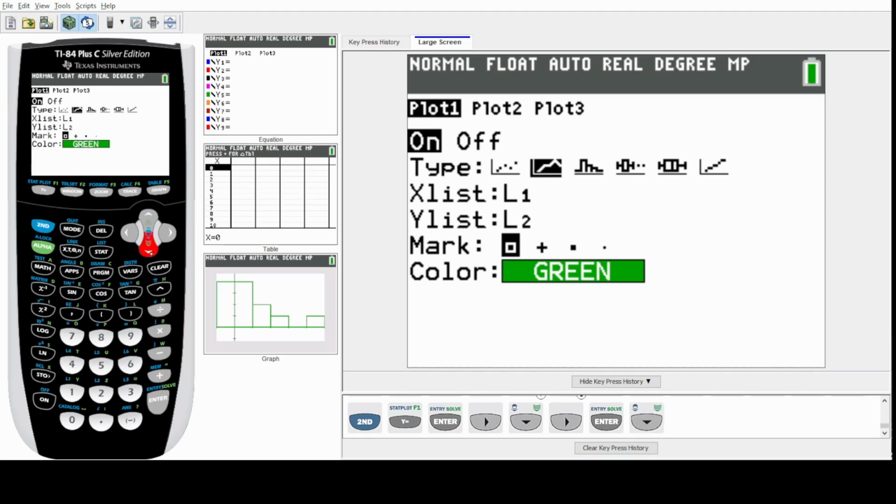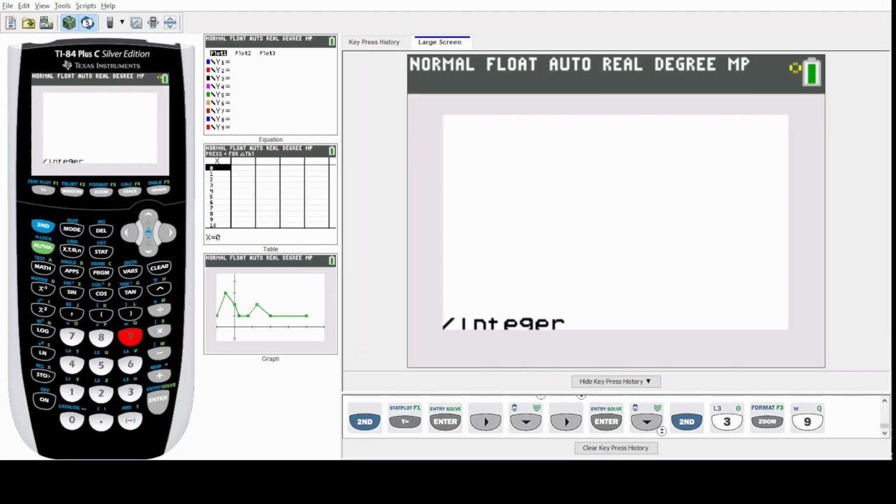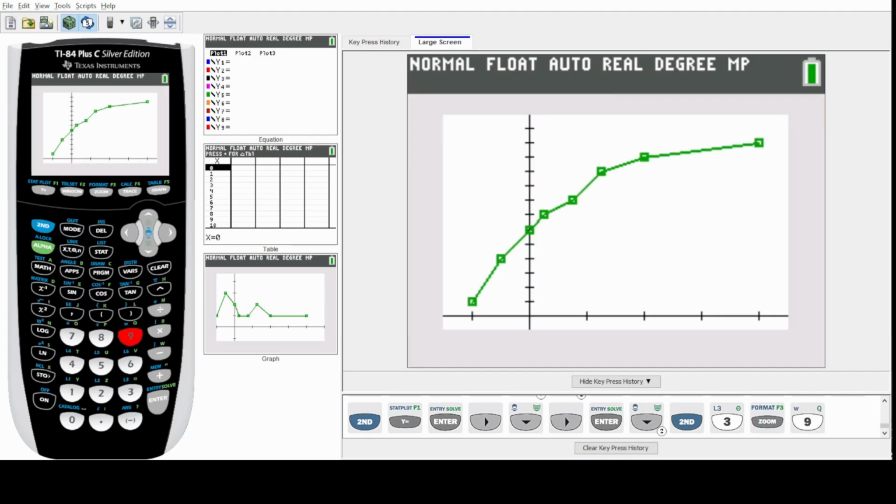Now, the X list is the data. The Y list is what's going to be on the Y-axis, and that is going to be these cumulative frequencies that we just put in L3. So I change that to L3 and plot, zoom stat plot, and there we go. There is the cumulative frequency.